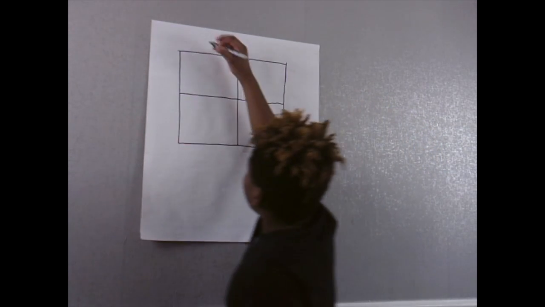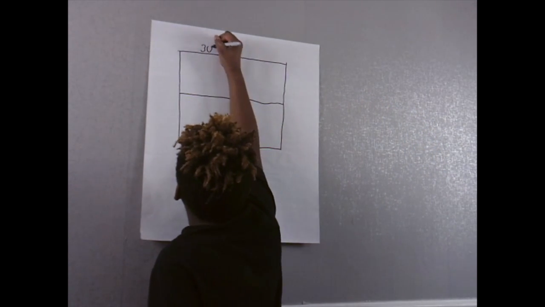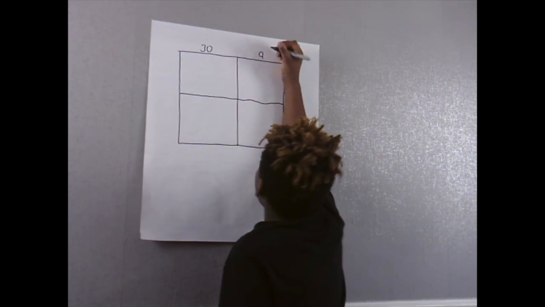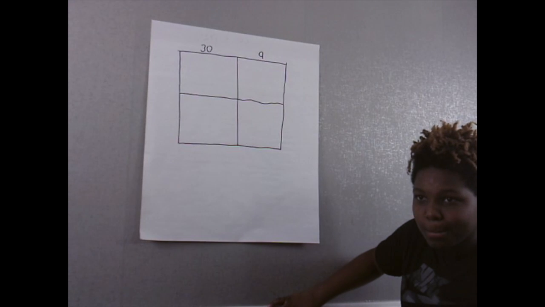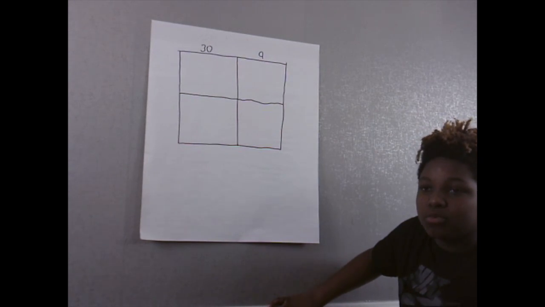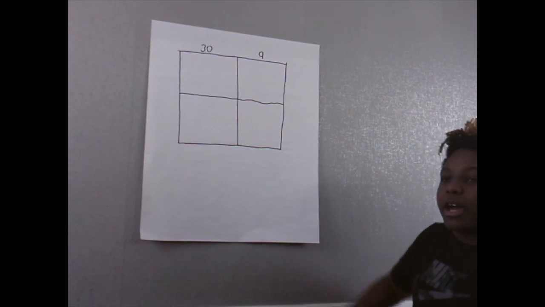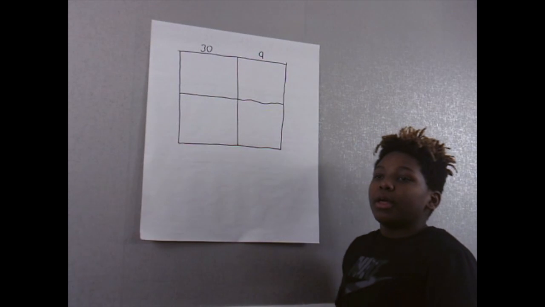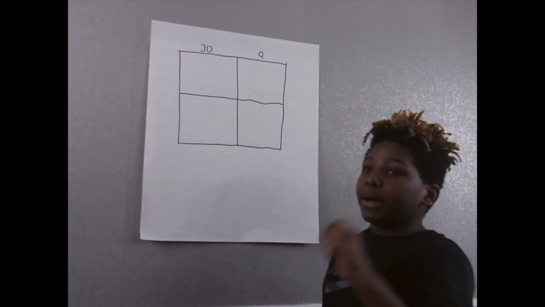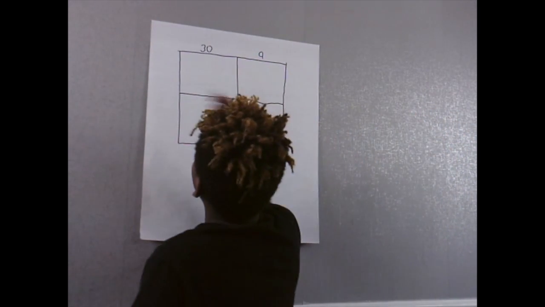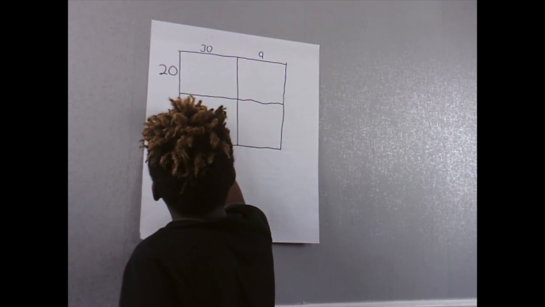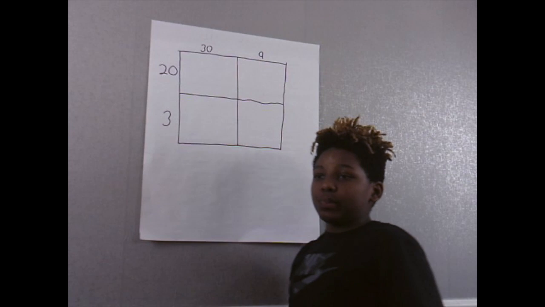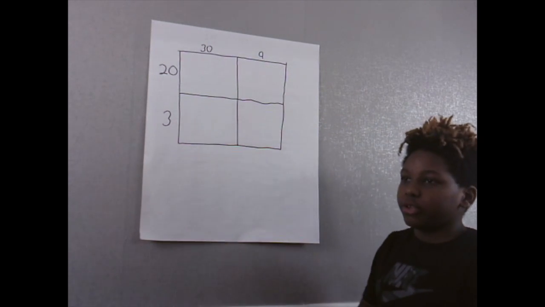So at the top, I'll write a 30 and a 9, because 39 is our first factor that we are going to multiply. Of course, 39 is just 30 plus 9. Next, since we're multiplying that by 23, on my left side I'm going to write a 20 right here and the 3 down here. So that's 23 decomposed.